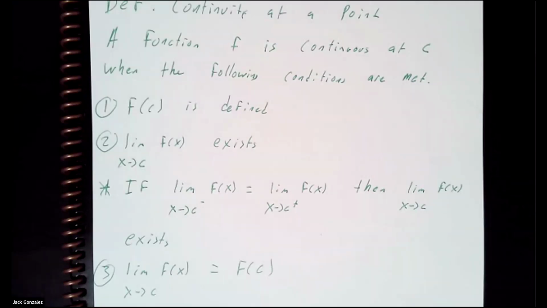Does that make sense? Okay. I'm sorry, what does the third one mean? The third one basically is saying that whatever you find for your limit is equal to you plugging in C. So I plug in C into the function, I get some output. That has to be the same as the limit as x approaches C.